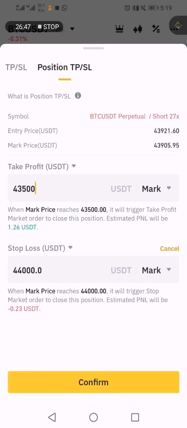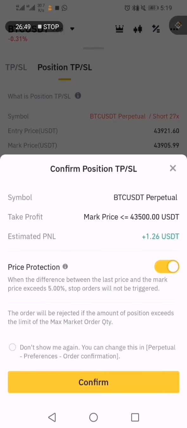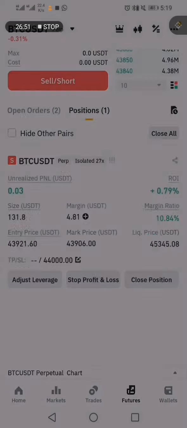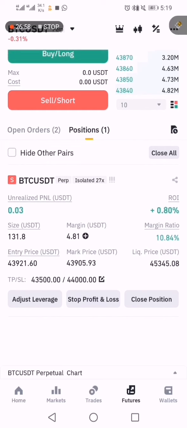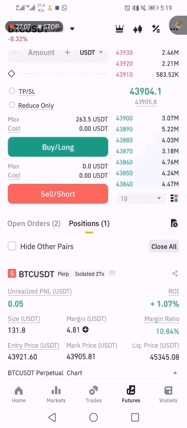Now I'm setting take profit at 43,500, which will be okay. That's 1.26 US dollars. So I'm into profit of 3 cents already, and that's how to go about a trade.